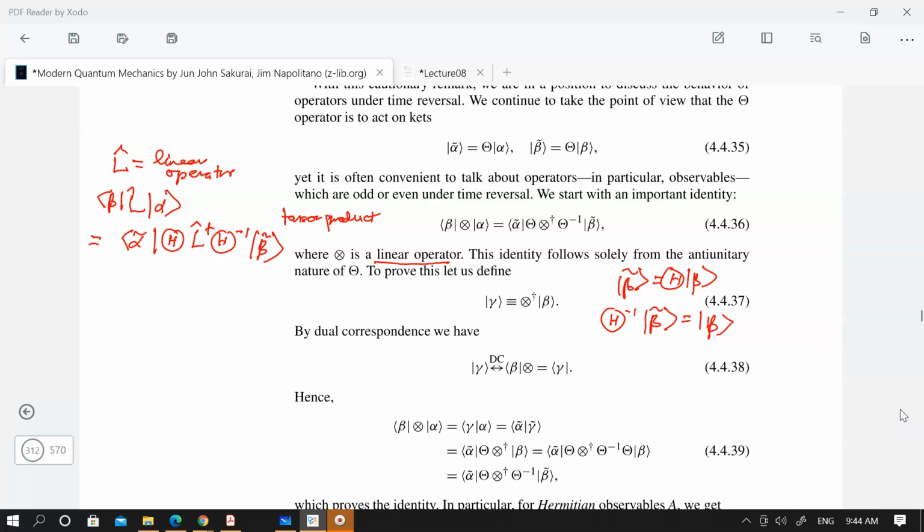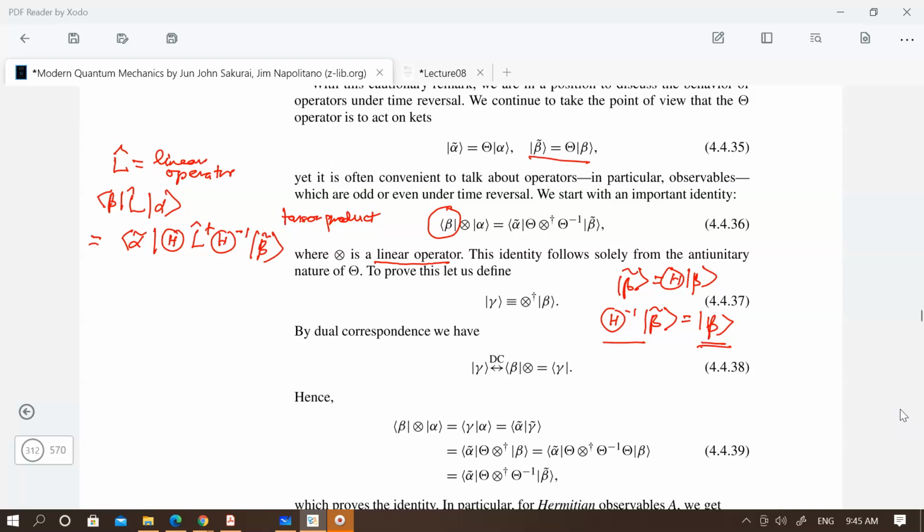So your beta appearing here is related to the time reversed transform by the time reversal operator inverse. So this is just using the inverse of that.